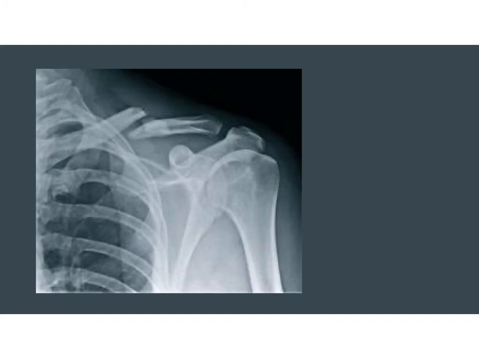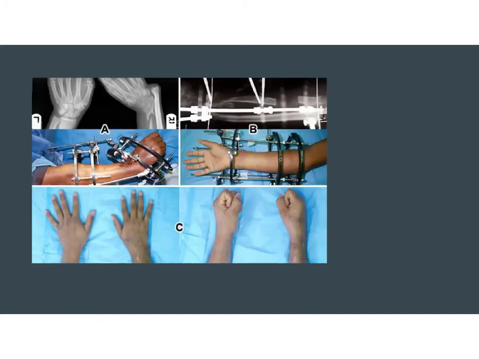Okay, the next picture has some actual pictures as well as some x-rays. So if you're squeamish about bones, this might be one you want to fast forward over. Okay, so here you can see the break in the ulna, the radius.